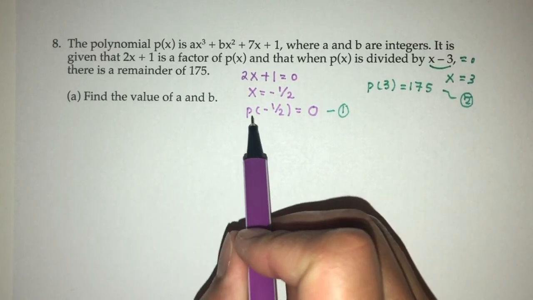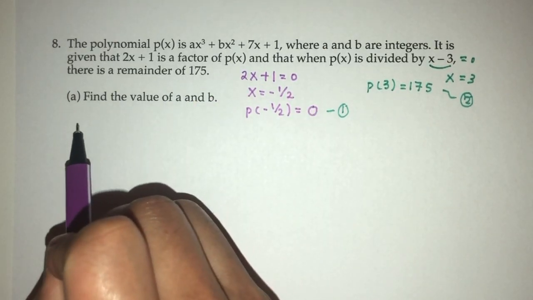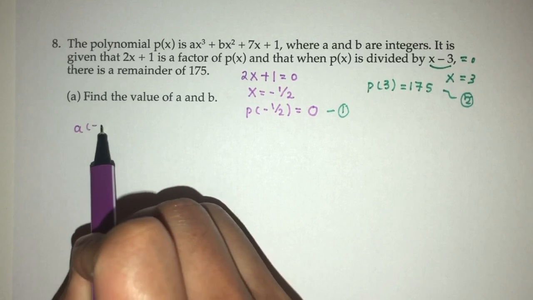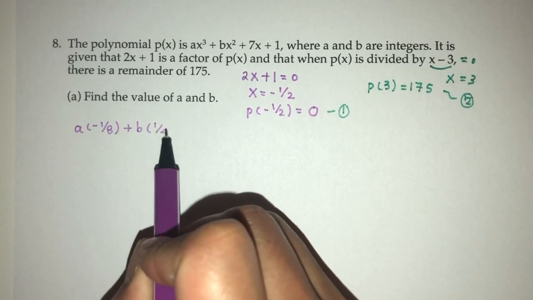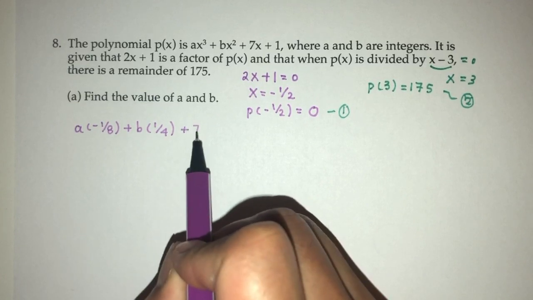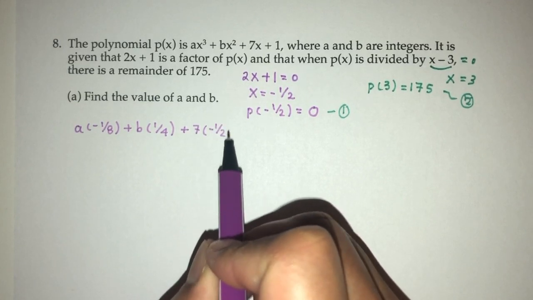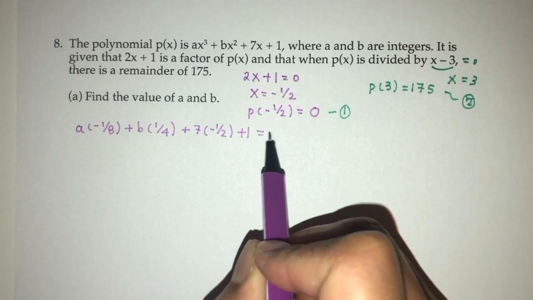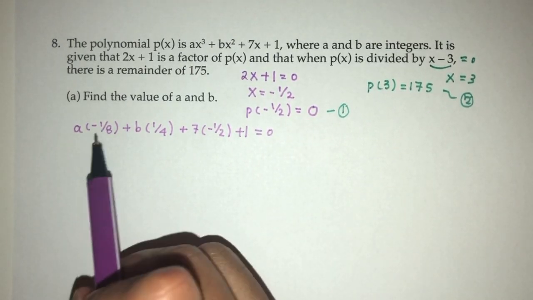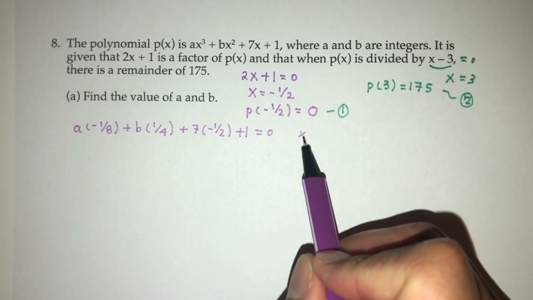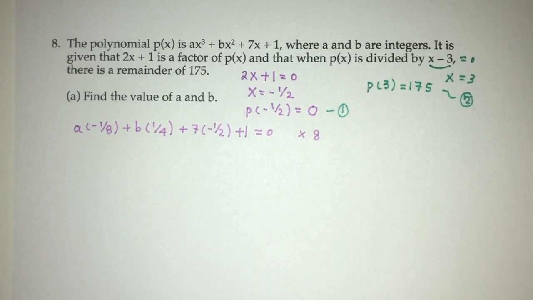So first one, p of minus half will be what? Will be a times minus 1 over 8 plus b times 1 over 4 plus 7 times minus half plus 1, and has to equal 0. Simplify. As you can see here, the bases we have are 8, 4, 2. We can just multiply everywhere by 8 if you want to eliminate the denominator.